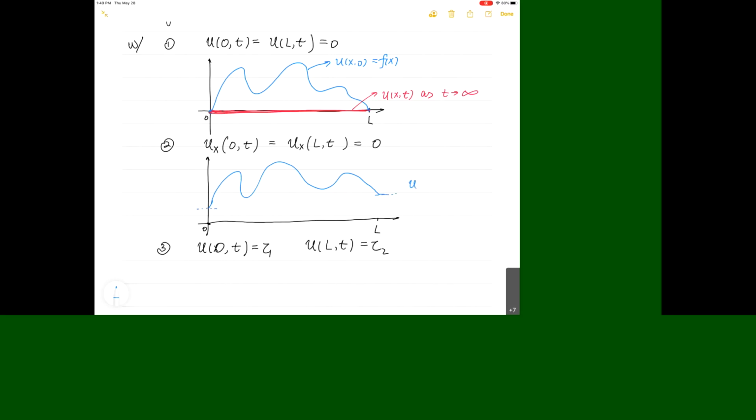So u_x(0, t) equals 0 and u_x(L, t) equals 0. We don't fix the value at the two ends to be 0. We just set their derivatives to be 0, and that means the temperature cannot go out. We don't lose temperature, and we don't gain temperature.